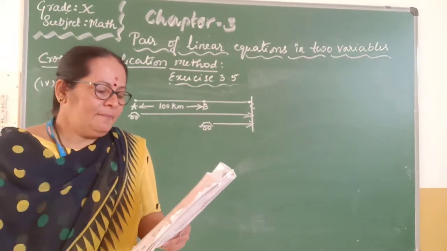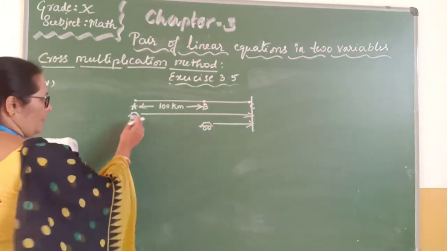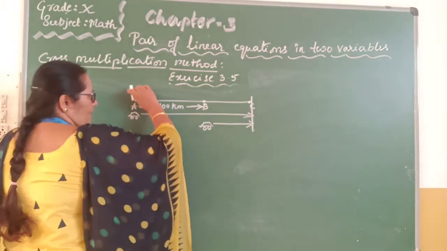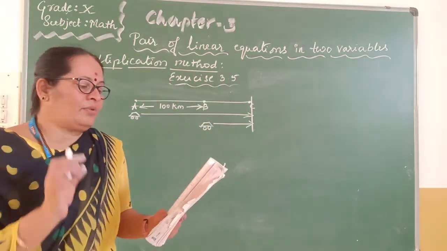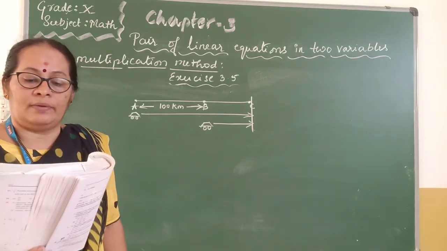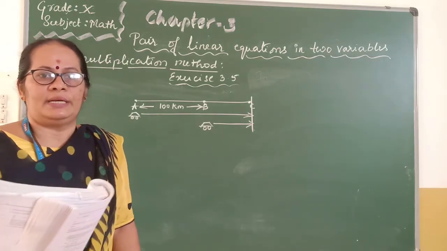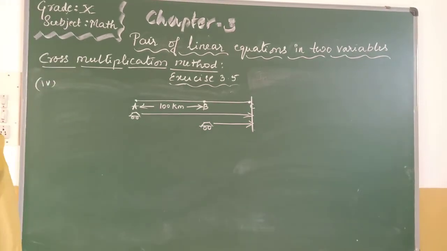Now, if both the cars travel towards each other, they will meet in 1 hour. What are the speeds of the two cars? You have to find the speeds of the two cars.